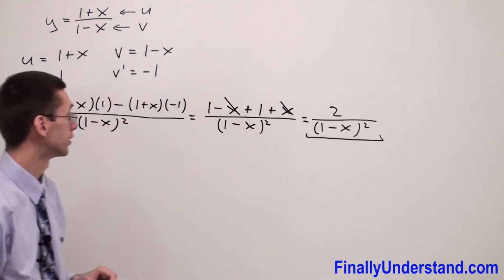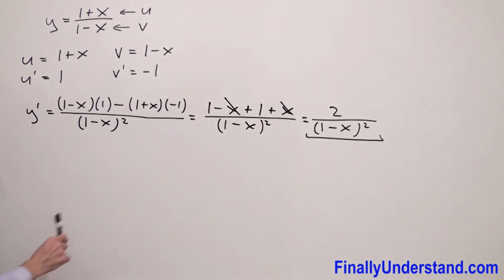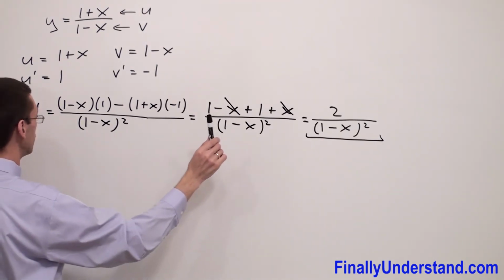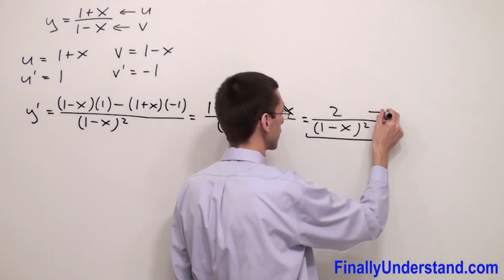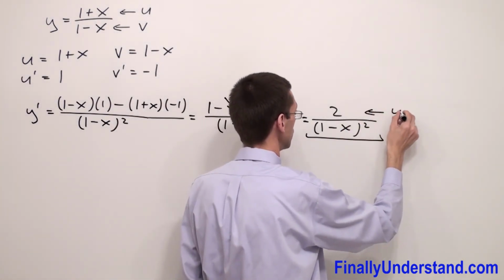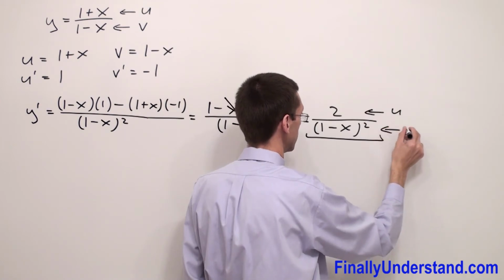Next, we're supposed to find the second derivative. So I have to find the derivative of the first derivative. Again, this is going to be my u, and this is my v.